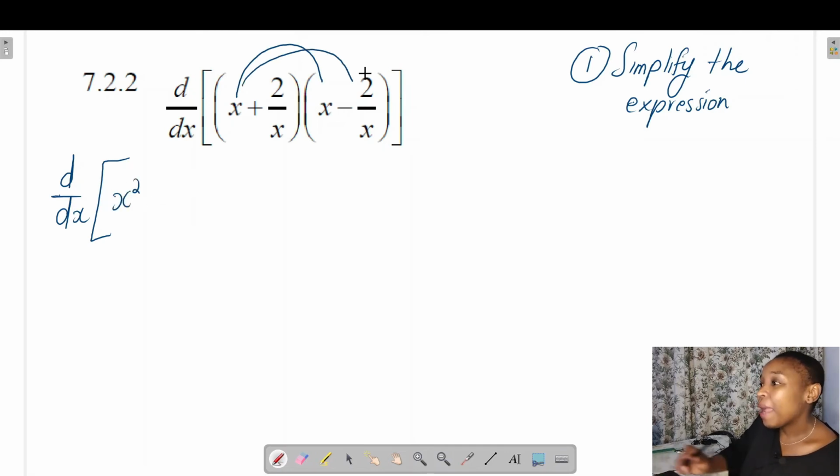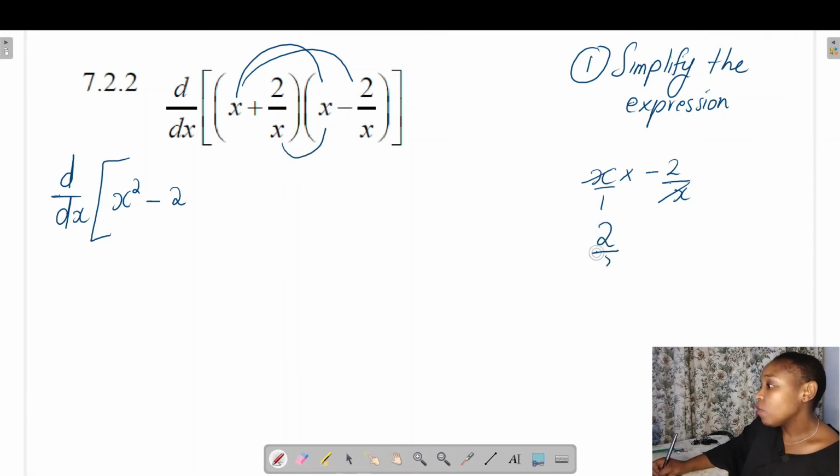x multiplied by minus 2 over x is going to be equal to minus 2. And then positive 2 over x multiplied by x is also still equal to positive 2.